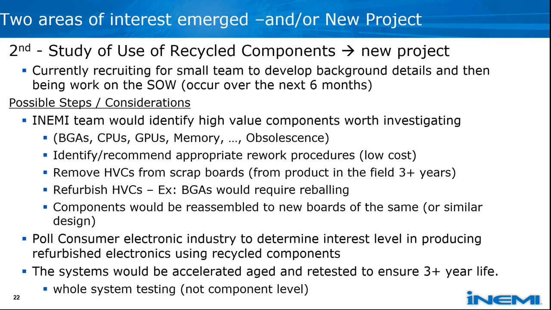We would identify and recommend the rework procedures that could be used. Hopefully they would not be too expensive. We would look at the high value components as far as the process of removal and rework, and possibly even pull components that have been in the field or in an application for extended periods of time already and evaluate those to see how long they last after being placed on a new assembly.